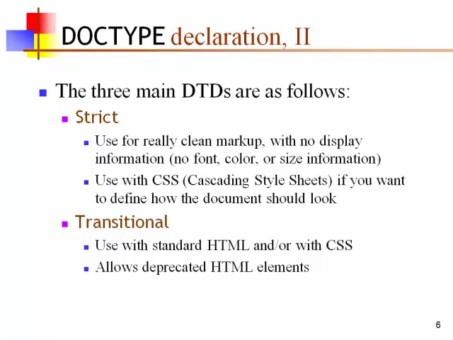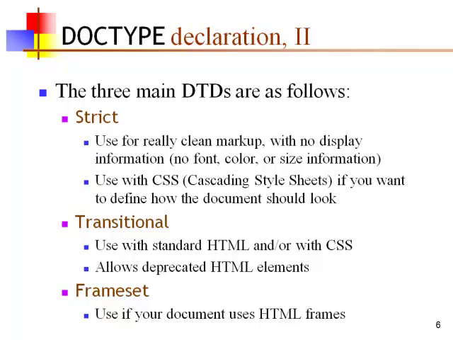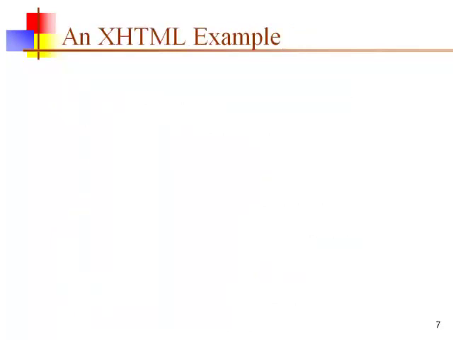And it allows deprecated HTML elements also. And frameset, why do we go for frameset? It is used if your documents use HTML frames. It's a different concept anyway, and most of the people don't go for that. It leads to confusion. Anyway, I just want to leave it.